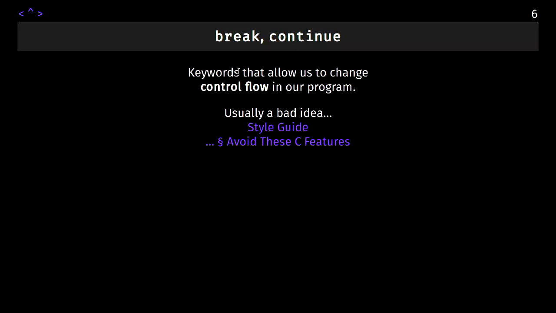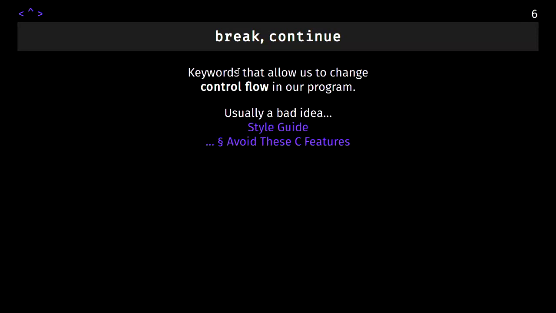Now these allow us to move control around our program pretty much arbitrarily, although with some restrictions. There's an even more souped up version of this keyword called goto, and you are strongly discouraged from using these, and you are extremely forbidden from using goto.